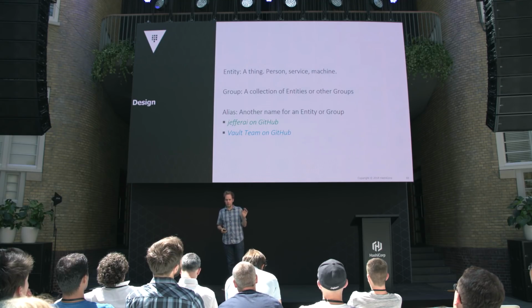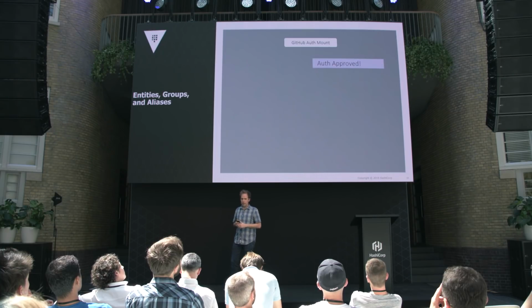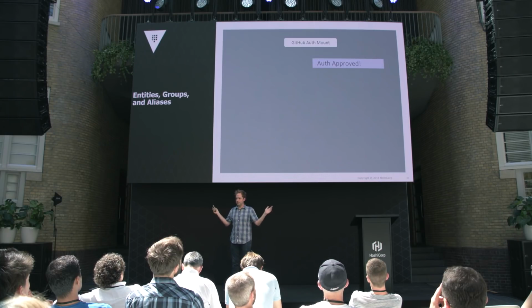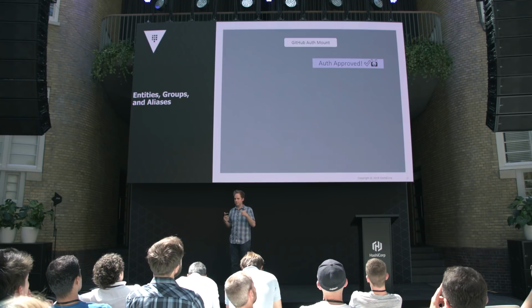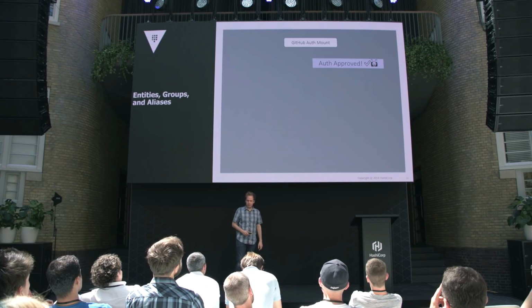So for instance, I am Jeffrey on GitHub. That's an alias for my entity. And I am part of the Vault team on GitHub in my organization. That's an alias for a group. Pretty simple. To give an idea of how this works, let's say you start out with a GitHub auth mount. I log in, my auth is approved. Great, thumbs up. Now what?